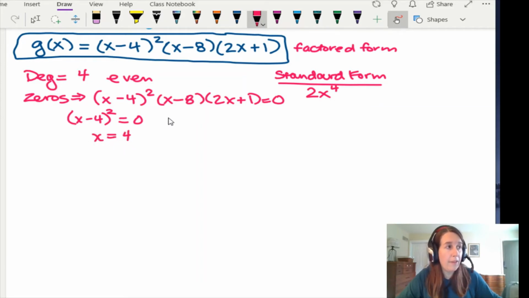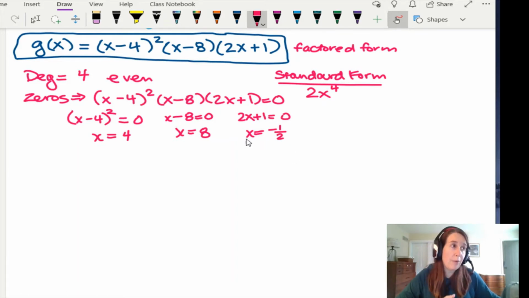Okay. This one we have x minus 8 equals 0, so that's x equals 8. And this one we have 2x plus 1 equals 0, so x equals negative 1/2. Okay, so we have 3 zeros right there. Remember, we could have up to 4 zeros, but this one, because of the squared here, is kind of like happening twice.